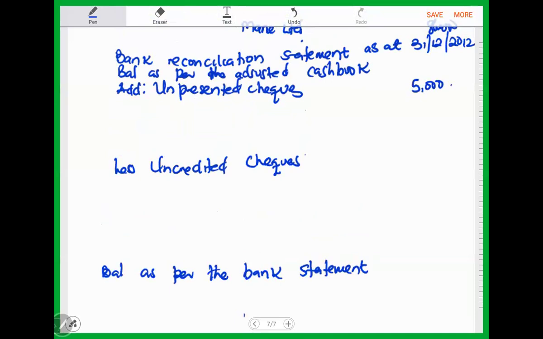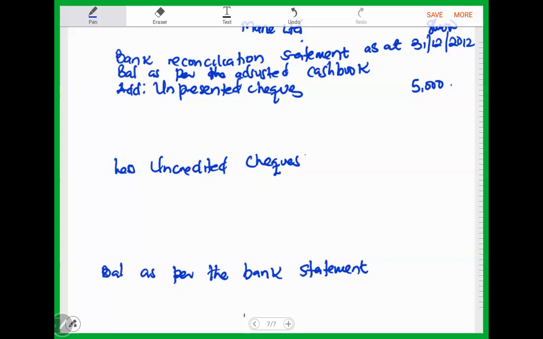Note number 2, checks from customers totaling to 14,450 entered in the cash book. We had received that money and we had debited. We were not credited by the bank until 3rd January. That simply means we have no record in the bank statement. So there is no reason as to why we should have it in the cash book, and yet we have no record in the bank. So on this balance, as per the adjusted cash book, we shall less that money to show that there was no payment.